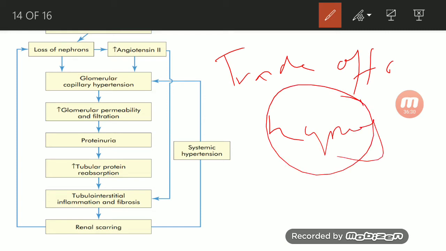You are trading your normal nephrons for increased hyperactivity and increased size of the nephrons, and with that comes a risk of glomerulosclerosis. So that is the trading off happening.